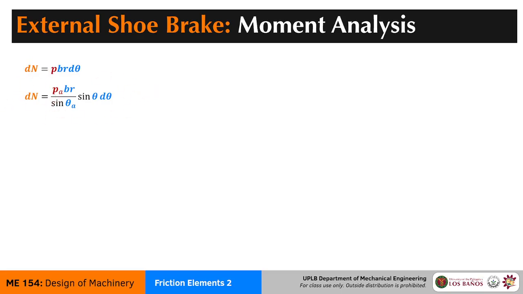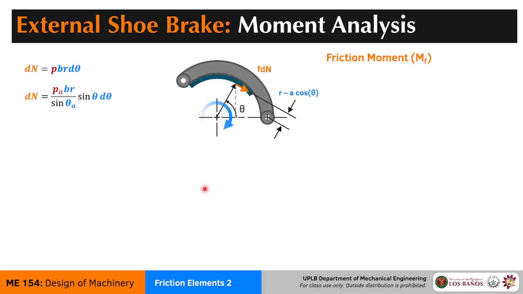All right. So now that we have a relationship between the pressure and the normal force, we can now solve for a few things. Since we are talking about rotating things, we have to look at the moment that the drum is exerting on the shoe. There are two moments actually.